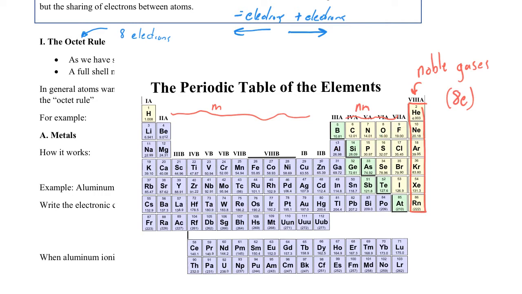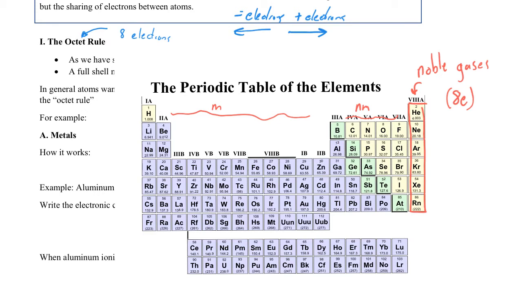To figure that out, let's count how many electrons it would have to add to become like argon. So let's say 1 electron, 2, 3, 4, 5 electrons. So if aluminum gained 5 electrons, it would have the configuration of an argon noble gas.